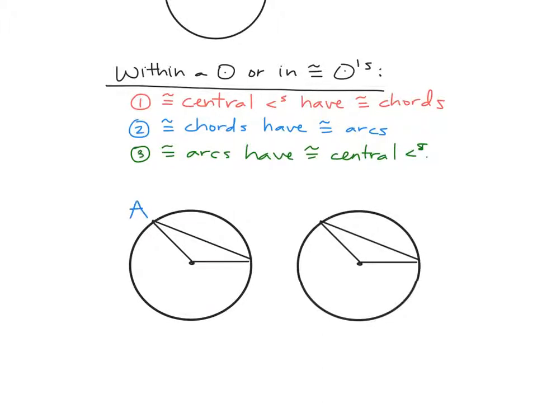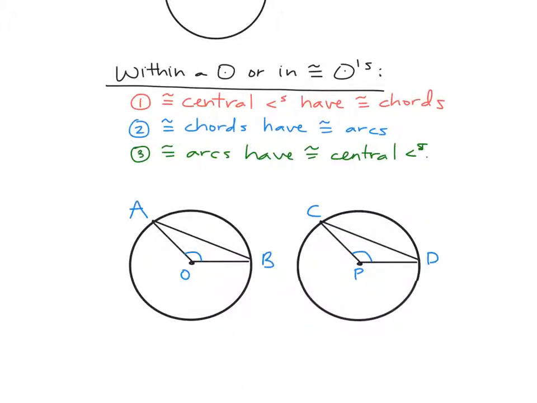So if this is AOB and this is CPD, based on what we're saying here, first of all, what is a central angle? Right, the center of the circle is the vertex. So right now, angle AOB and angle CPD, those are central angles.